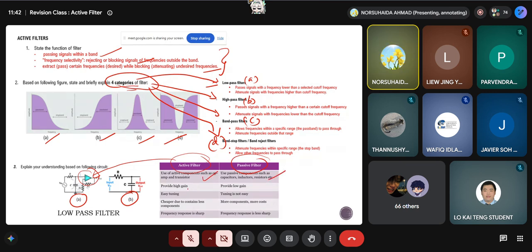High gain for active filter, low gain for passive filter. Easy tuning for active filter, tuning is not easy for passive filter. Cheaper for active filter, while passive has more components, more cost. And for the last one, active filter frequency response is sharp, and the passive is less sharp. Basically this is the table to interpret the difference between active filter and passive filter. Any question for the first three questions?